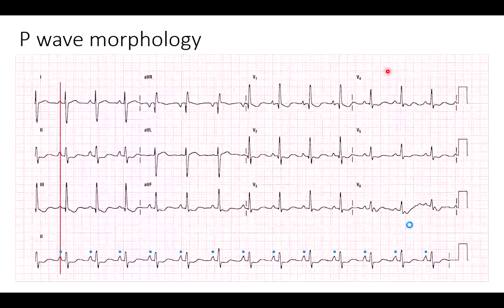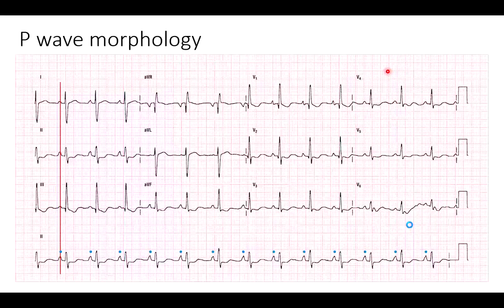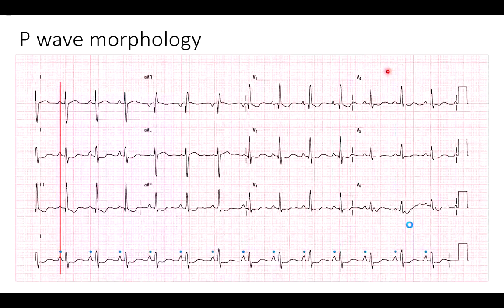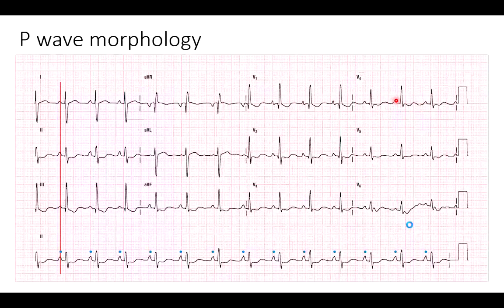Now that's actually an important component to mention, because remember how I said if you look at one lead and you see something, you don't automatically make a robust conclusion. Let's say, for instance, the P wave was gone. I didn't see it right here. I might be thinking to myself, oh my gosh, I might have some type of heart block. Maybe the P wave's missing, the atrial conduction pathway is all screwed up.